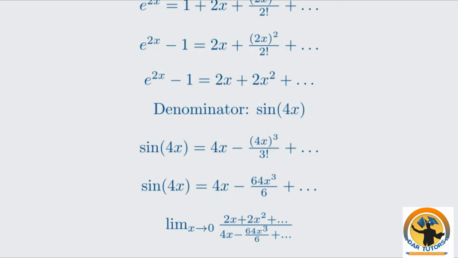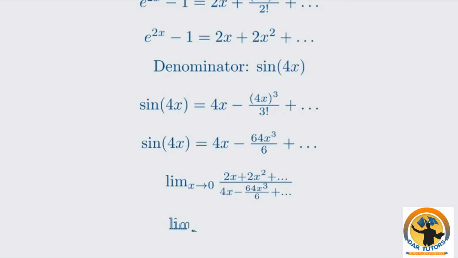To evaluate this, we can divide both the numerator and the denominator by the lowest power of x, which is x. Dividing by x, we get the limit as x approaches 0 of 2 plus 2x, and so on, divided by 4 minus 64x squared over 6, and so on. Now, as x approaches 0, all the terms with x in them go to 0.